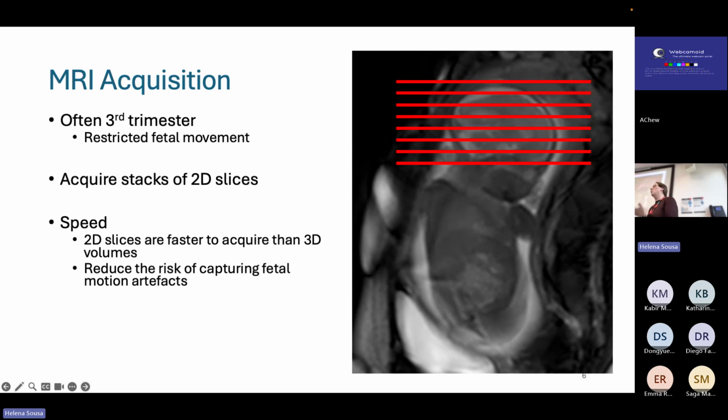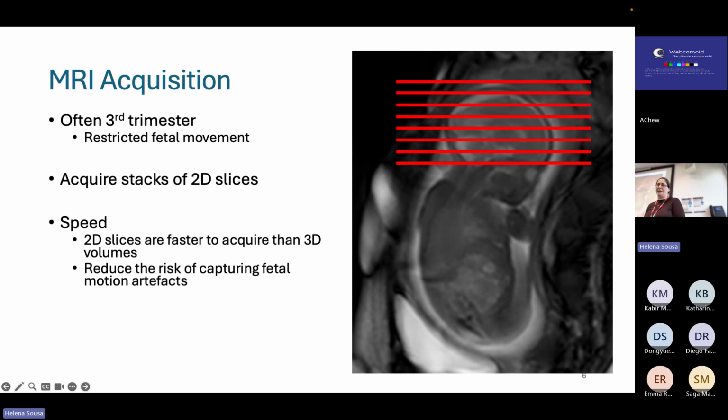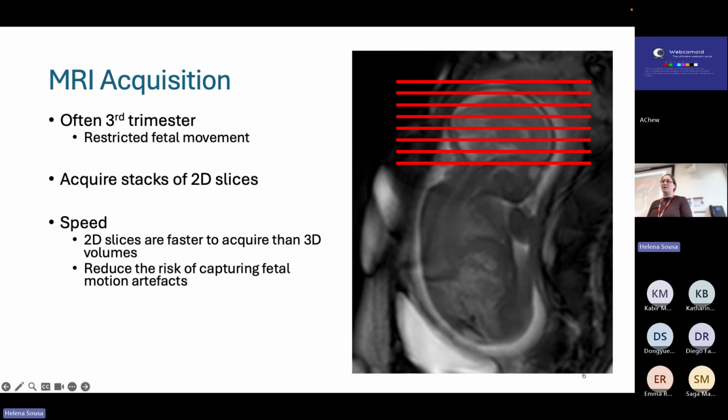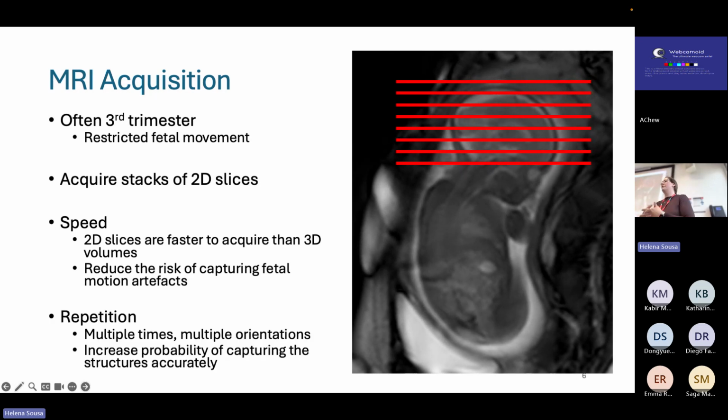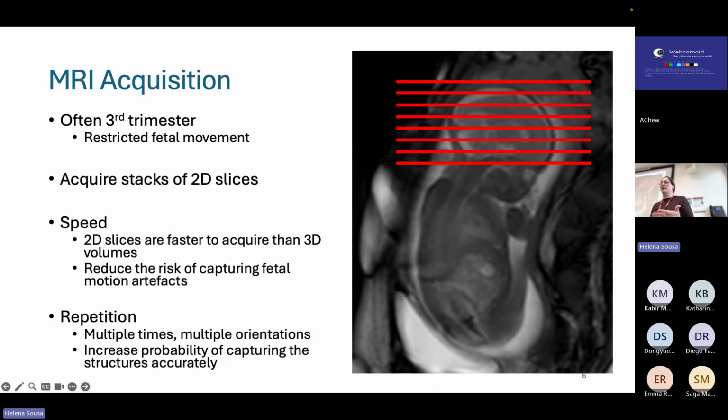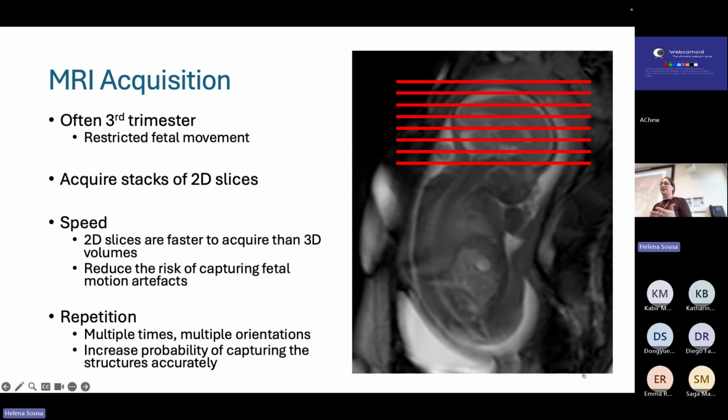That takes longer and we're more likely to get motion corruption happening. So we generally do stacks of slices. It's faster, but also we repeat it. So we'll do multiple stacks over multiple orientations, which increases the probability of us actually capturing those structures accurately.